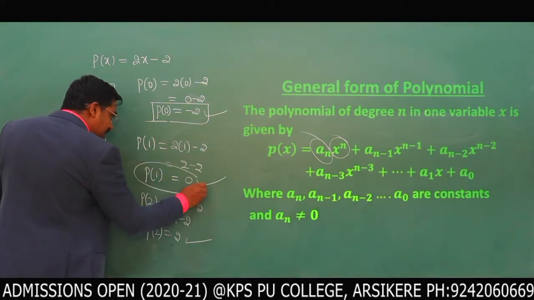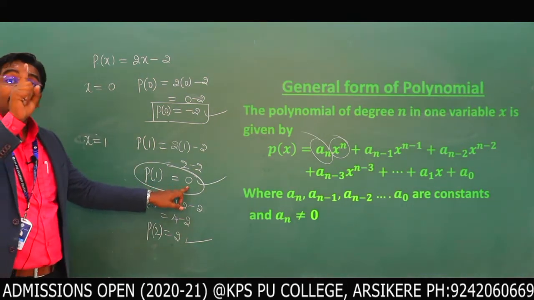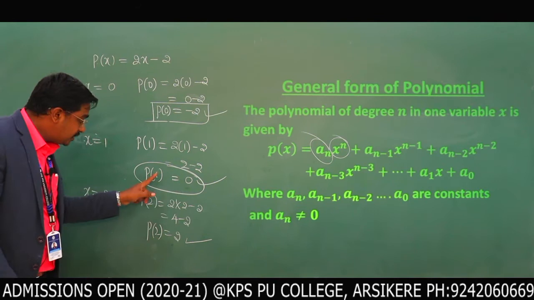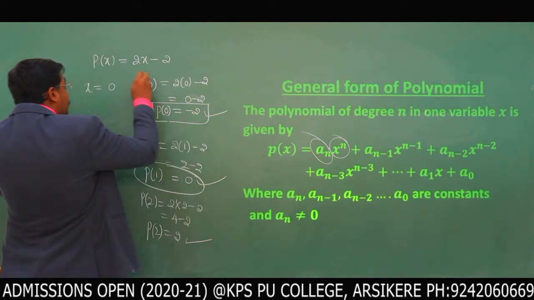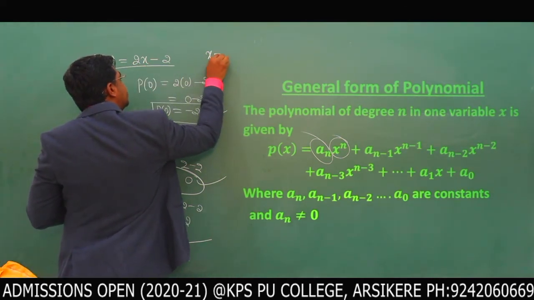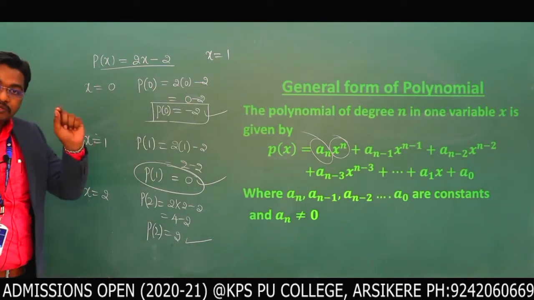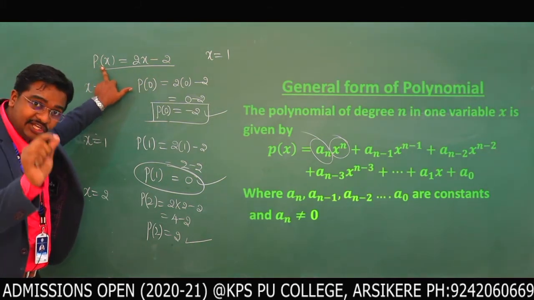So here p of 1 is equal to 0. This is called the zero of the polynomial. When the polynomial becomes 0 at x is equal to 1. So the zero of the polynomial p of x is equal to x minus 1 is x is equal to 1. When you substitute that value in p of x, the value reduces to 0.